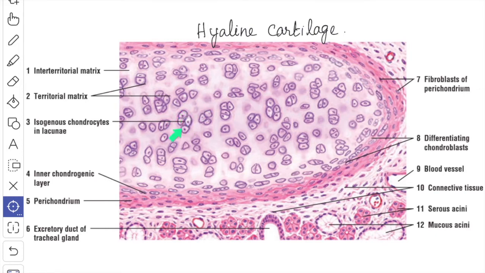So this deep staining matrix is newly formed and it is called the territorial matrix or lacunar capsule. In contrast, the pale staining matrix separating the cell nests is called the interstitial matrix.